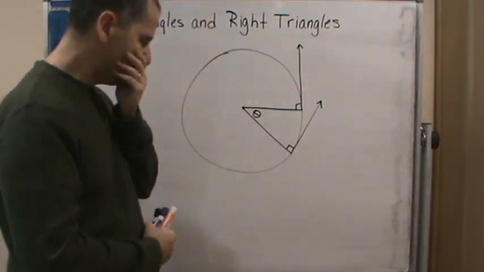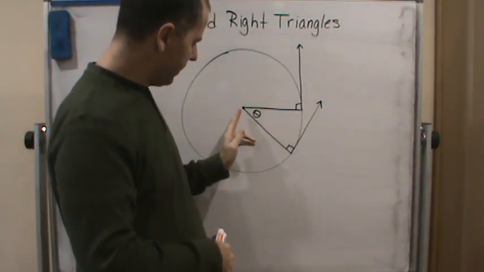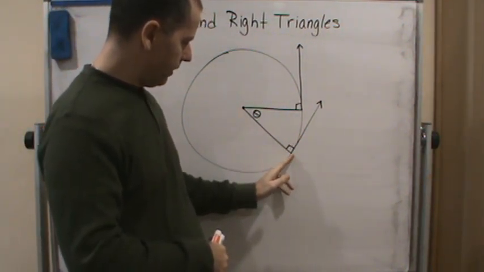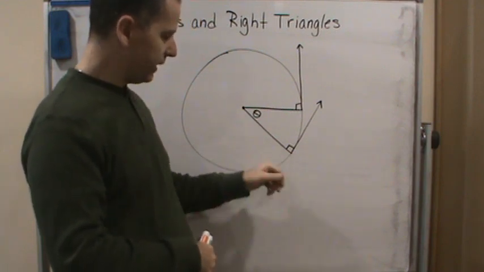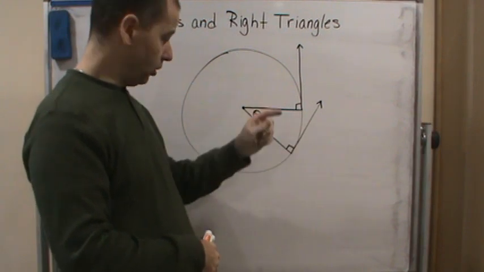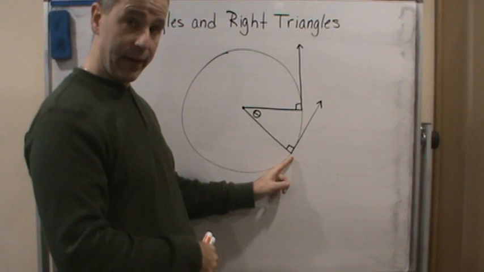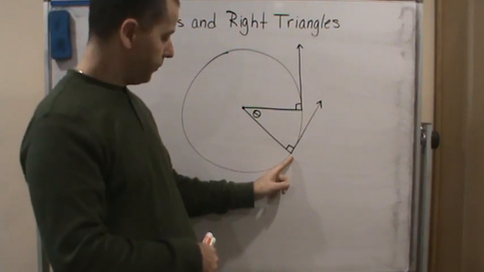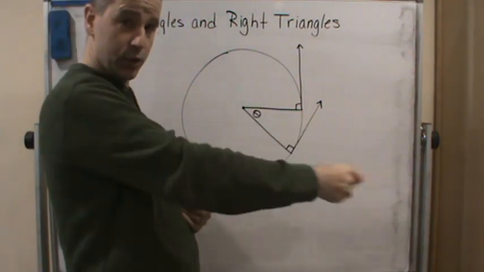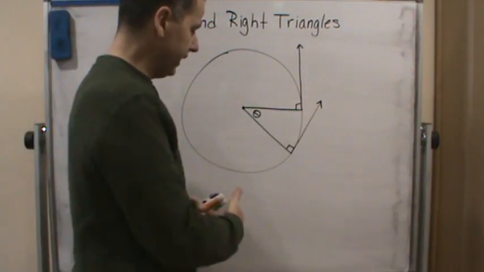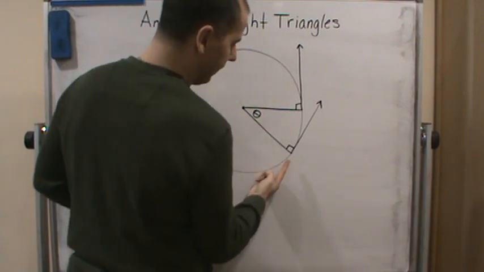Now, the other way to look at it is, let's say you had something tied to a rope and you're spinning it in a circle, just twirling it around your head. If you were to let go of that rope at any point, it's going to go off at a right angle.